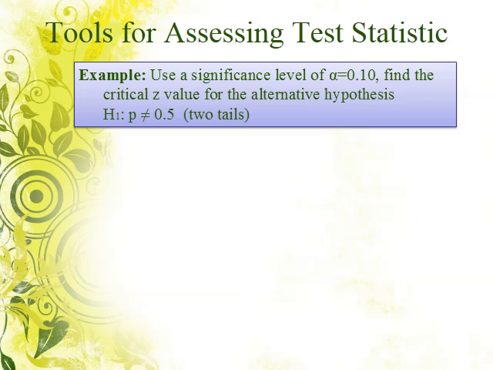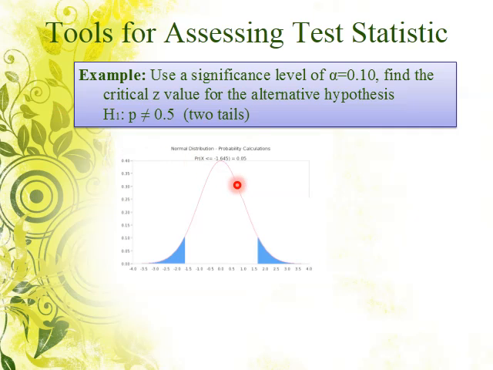Let's use a significance level of alpha equals 0.1 to find the critical z-value for the alternative hypothesis p not equal to 0.5. So here, because our alternative hypothesis is using a not equals, we know that it's a two-tail test. So now we have to split up our significance level 0.1 into two tails. And that is, we'll have 0.05 in one tail and 0.05 in the other tail.